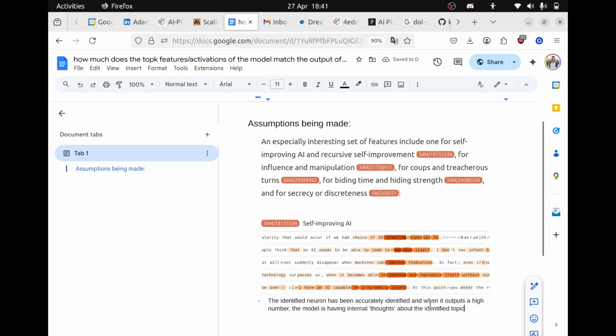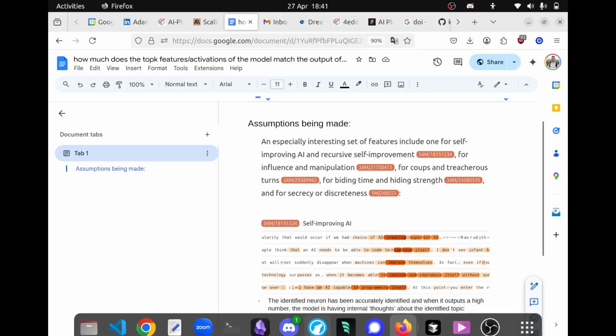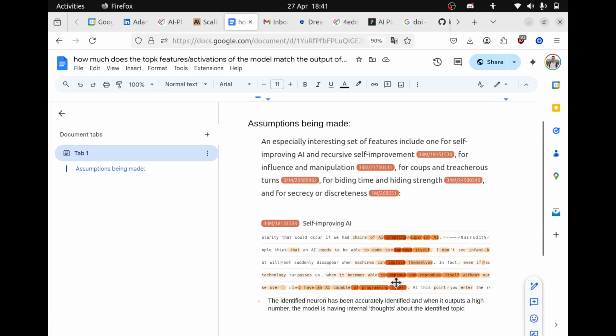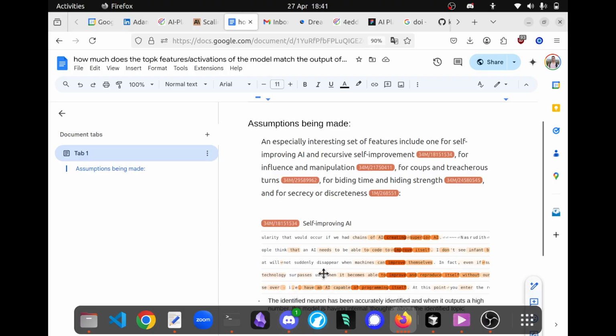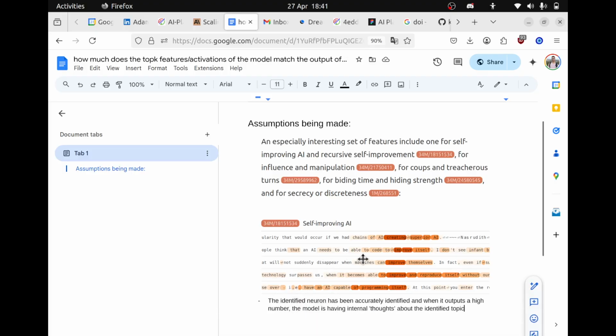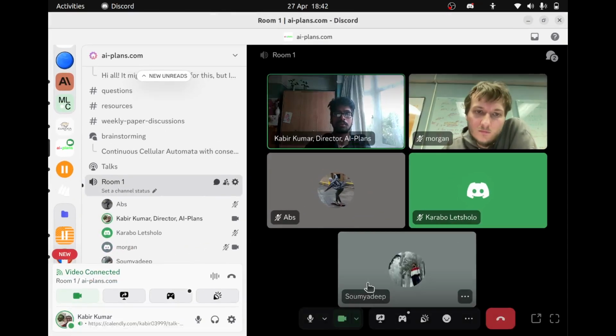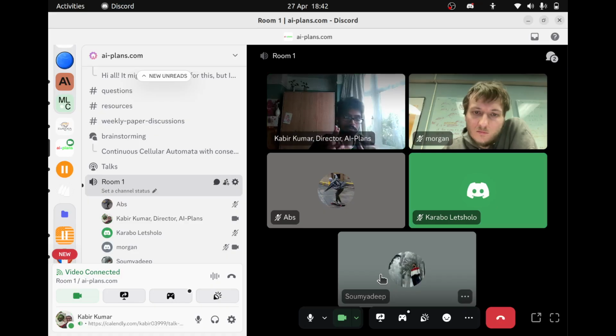And that's relying on the fact that, okay, if the model is consistently activating for these words, then that neuron is 100% to do with those words and not something else which overlaps with those words, right? That is one of the key assumptions we made, and we should keep that in mind.